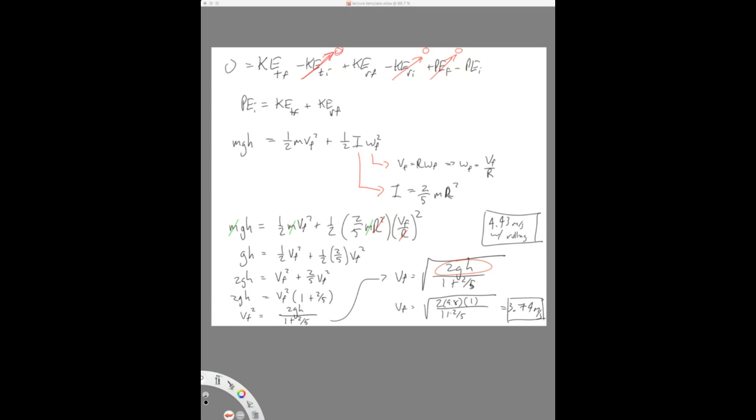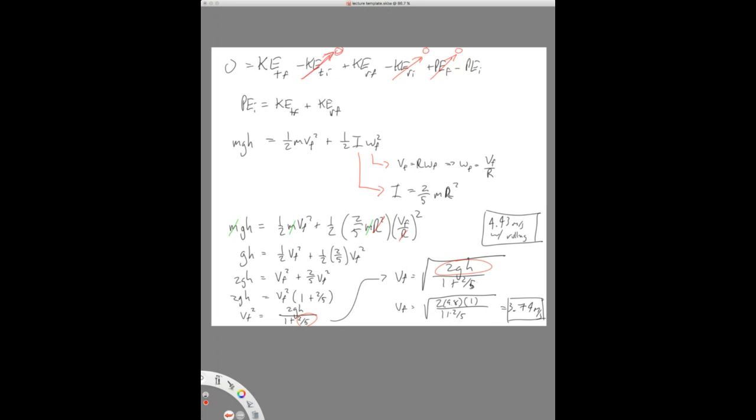All right, well, how does this relate to your lab? If we look at what happened here, it's the 2/5 that is special, that's new. It's coming ultimately from this moment of inertia.